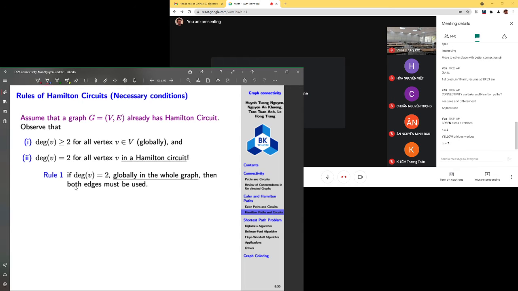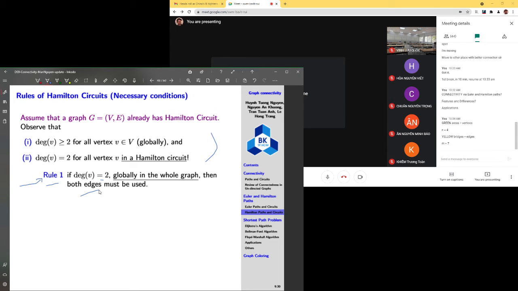So we go a little fast here to design rule number 1. This one is already proved by definition. Now we derive the first rule, saying that if globally in the entire graph the degree is already equal to 2, then you must employ all of those 2 connections.